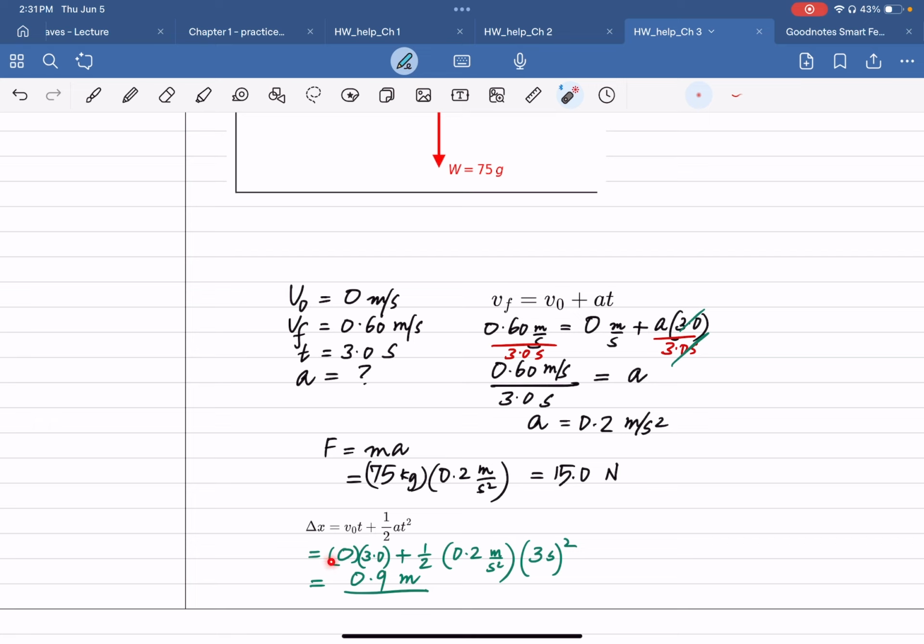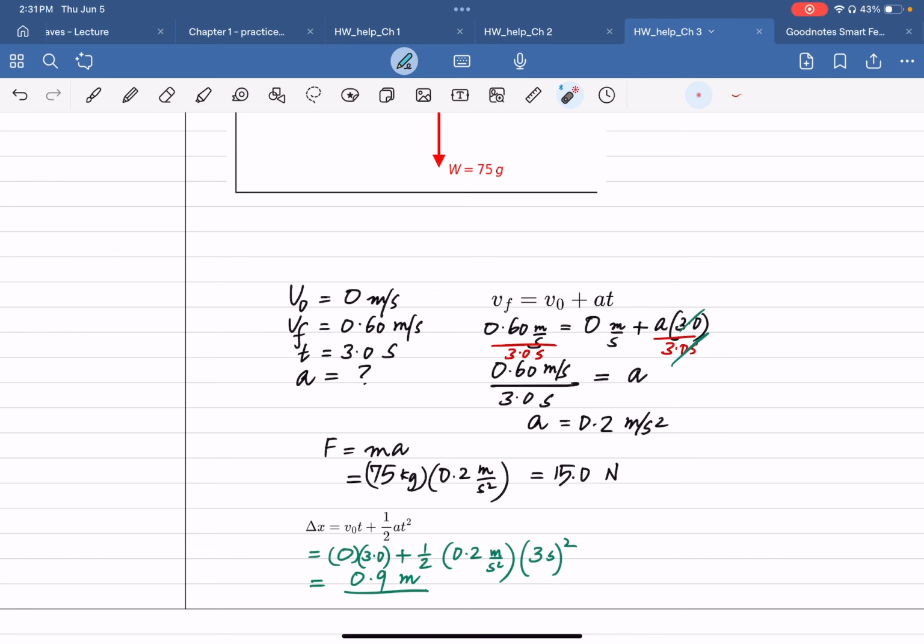V naught, initial velocity, is 0, so this whole term becomes 0, plus 1 half times acceleration times t squared. Do not forget to square it. When you do that, you're going to get 0.9 meter. It just moves 0.9 meter, not even 1 meter.